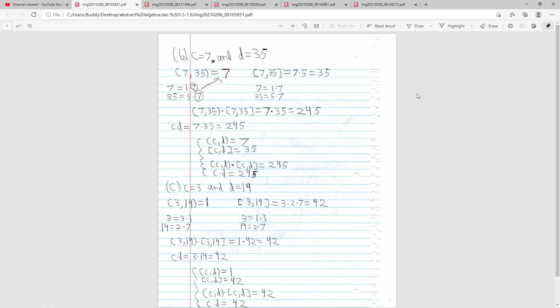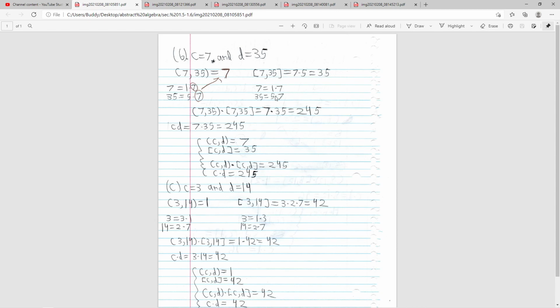Now more examples of this. C equals 7 and D equals 35. The greatest common divisor is just 7, because 1 times 7 and 5 times 7 is what they factor down to when you break them up into primes. The least common multiple is 7 times 5, because 7 is shared, but just to the first power.